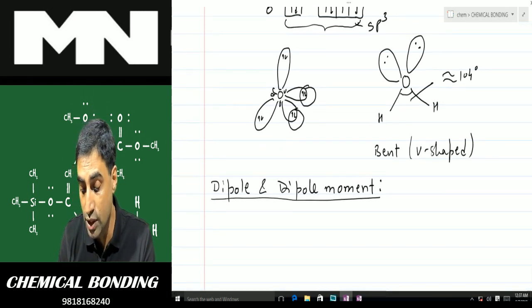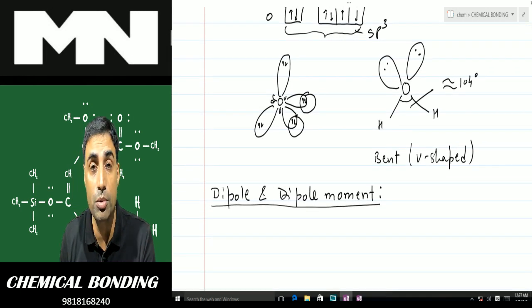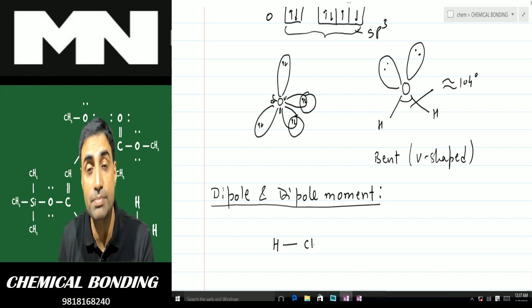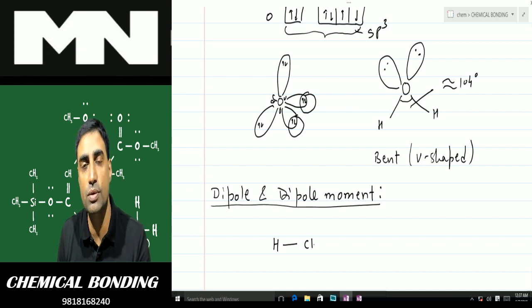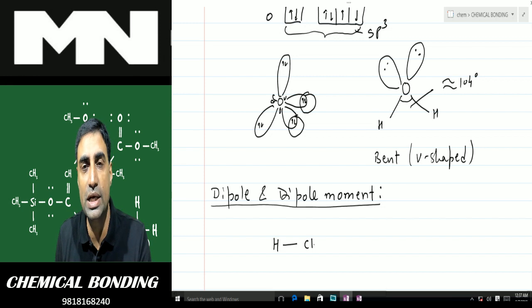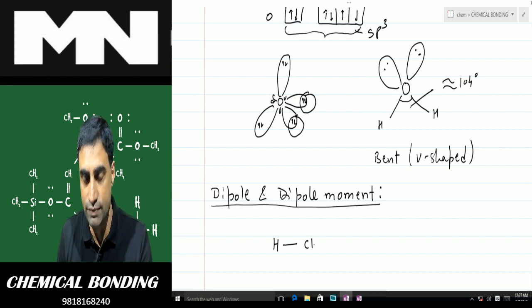Suppose I have a covalent bond formed between two different elements, like between H and Cl. So here I have a covalent bond formed between a less electronegative and a more electronegative element. We know that electronegativity is the tendency of an element to attract the bonded pair of electrons toward itself.